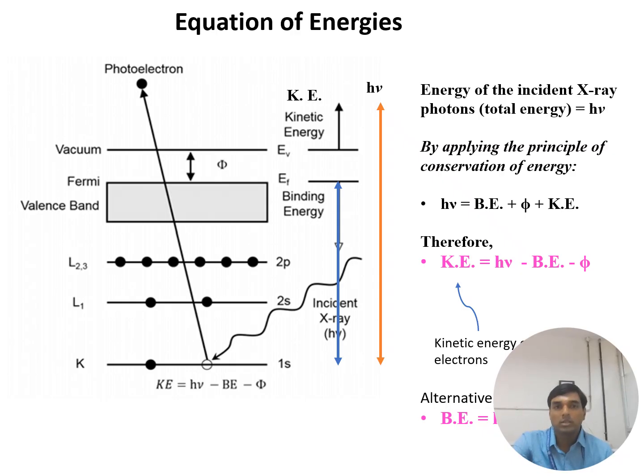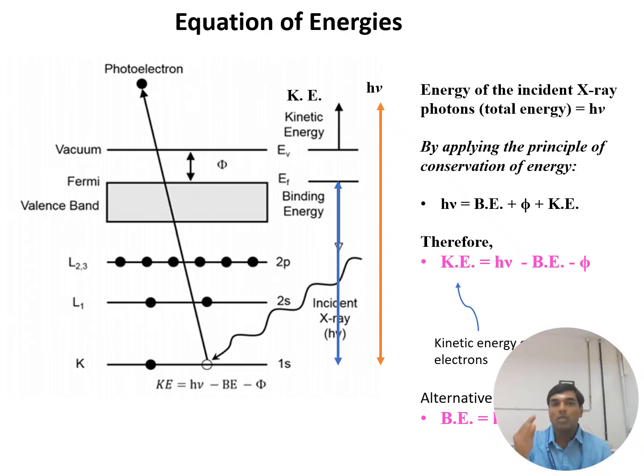So if we consider the conservation of energy, that is h nu equal to binding energy plus work function plus kinetic energy. So what is binding energy? The energy to kick electrons from the inner shell to the Fermi level is your binding energy. That depends upon its electronic configuration.